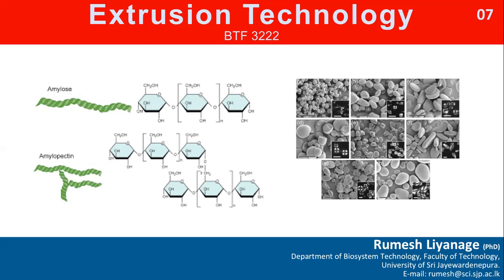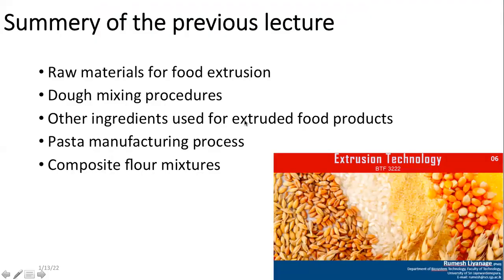So today I'm going to discuss with you some further details about the raw materials and processing conditions. I hope that you can remember the things we discussed last week about the raw materials, and basically what type of raw materials we can use for extrusion. And before moving forward in the extrusion process, dough preparation is very important.